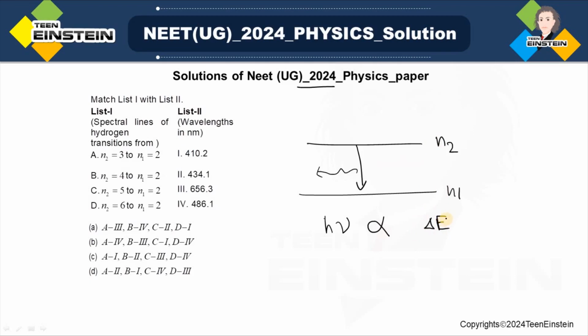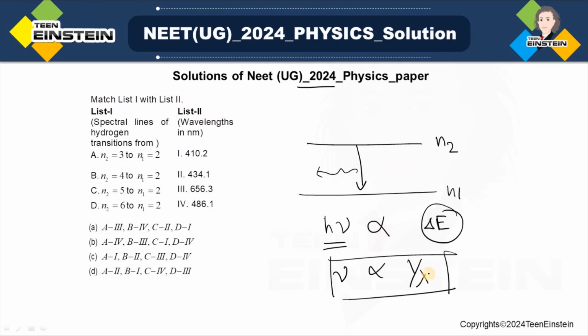So if the gap between the energy levels is more, then the energy or the frequency of the corresponding radiation will be more. And frequency is inversely related to wavelength. That means if my energy gap is more, then wavelength will be less. That is the conceptual understanding from which you can solve this problem.